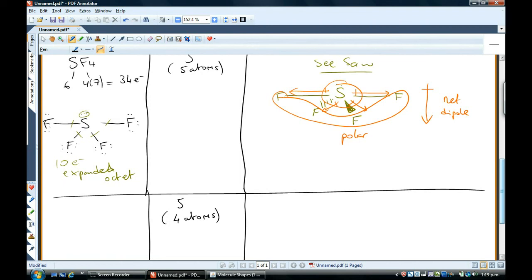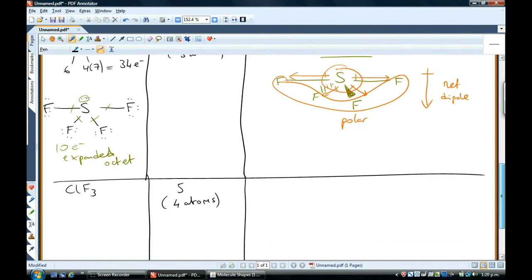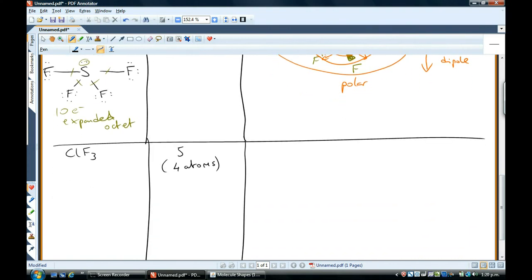So 5 electron clouds and 4 atoms, a good example would be chlorine trifluoride. So not a common compound that you'd come across, but it does exist. So chlorine trifluoride. So chlorine is at the center in this case. You have it bonded to 1 fluorine here.